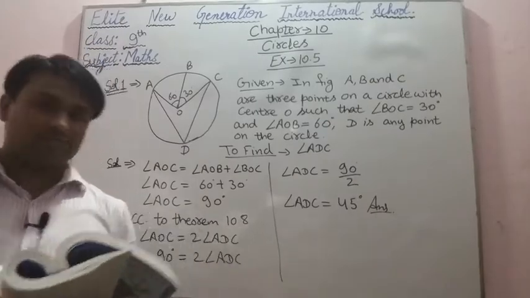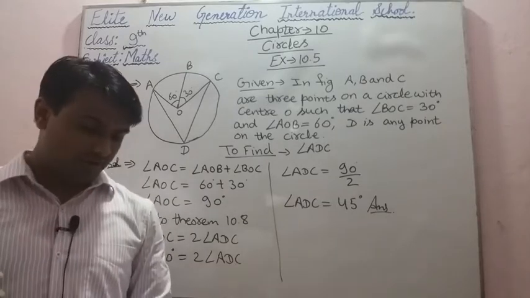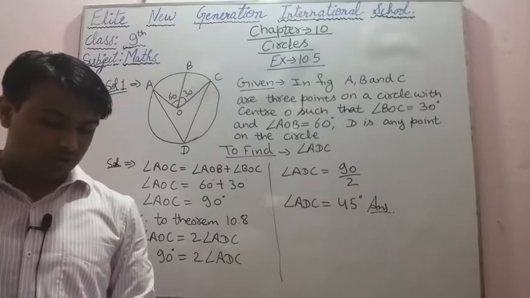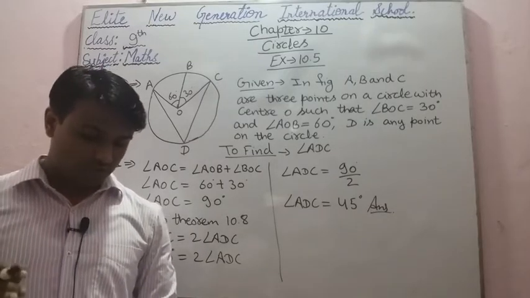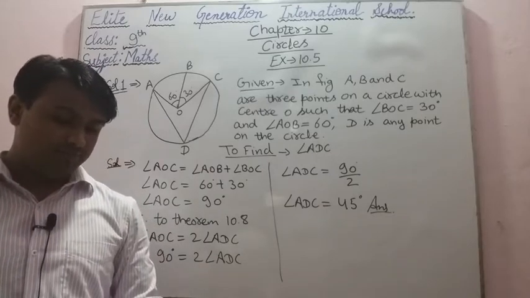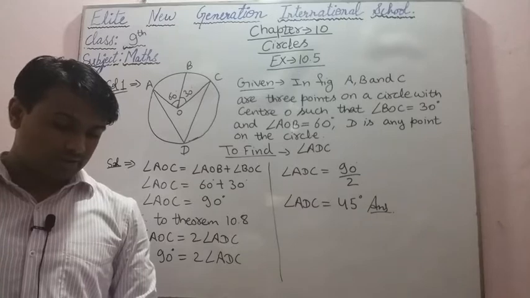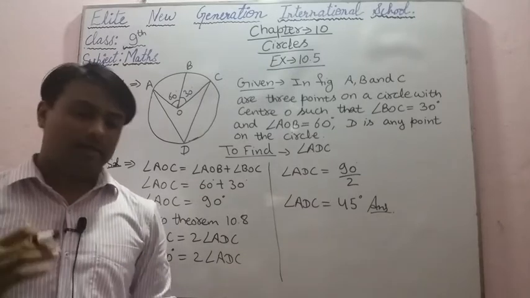In exercise 10.5, see question number 1. We are given in the figure that A, B and C are 3 points on a circle with center O such that angle BOC equals 30 degrees and angle AOB equals 60 degrees. If D is a point on the circle other than the arc ABC, then we have to find angle ADC.